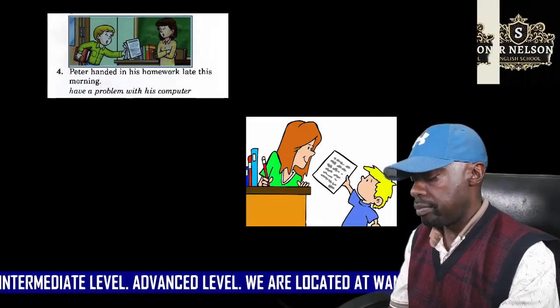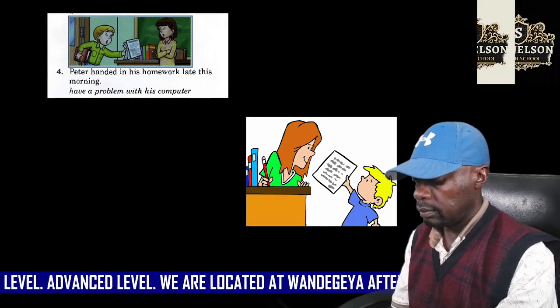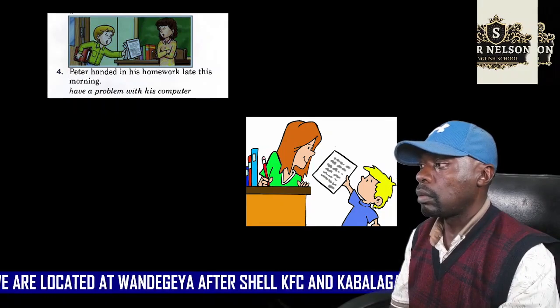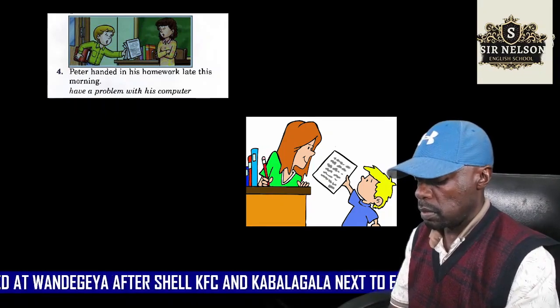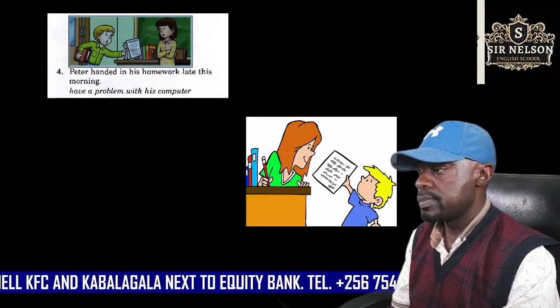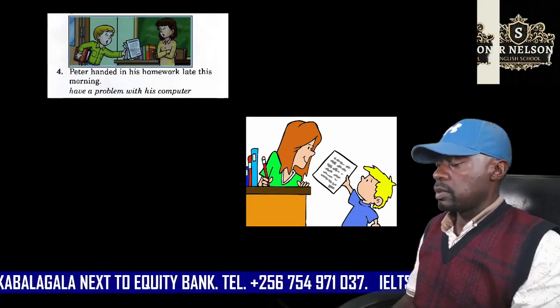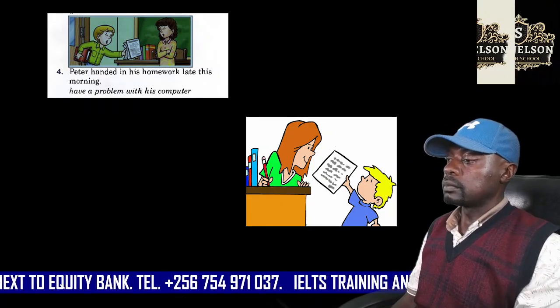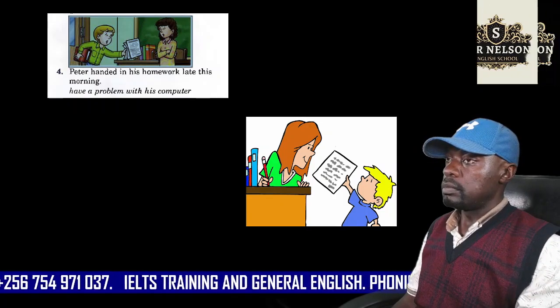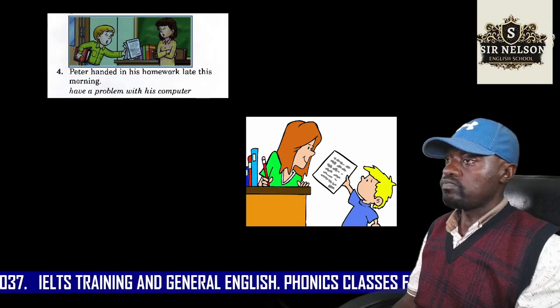4. Peter handed in his homework late this morning. I'm really surprised to hear that. He never hands in his homework late. I know. He must have had a problem with his computer.